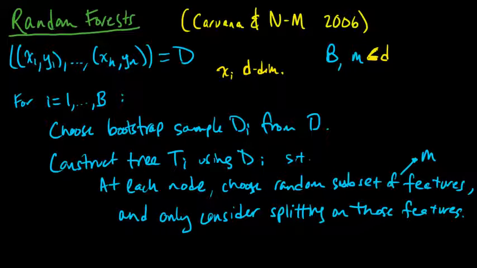For each node, we choose some subset of features, and when we are considering all the possible splits, looking for the best split at that node, we will only search over that subset of features. This is what's called a random subspace. This subset of features defines some subspace of this d-dimensional space.